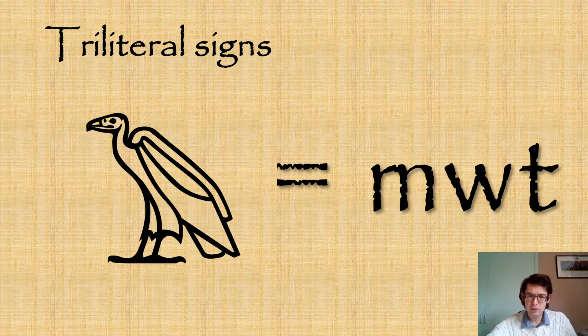Instead, you use a triliteral sign, this vulture, which conveys the sound mut all in one go. The arguments for doing so are exactly the same as the ones we've already discussed in relation to biliterals. And you can look up some of the most common biliterals and triliterals in your sign list.